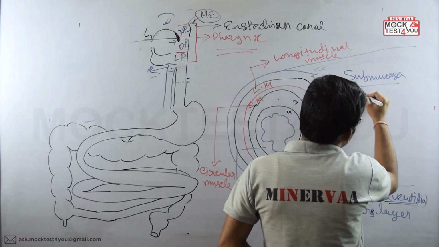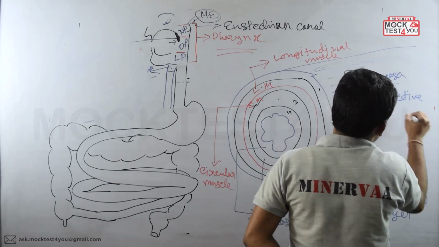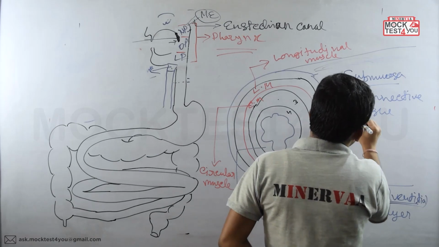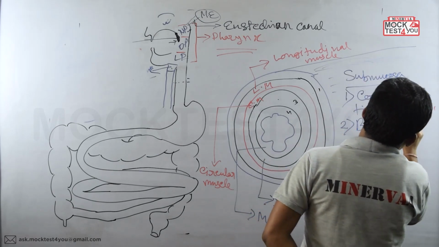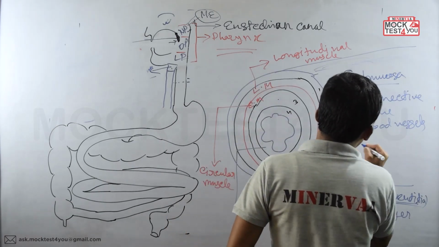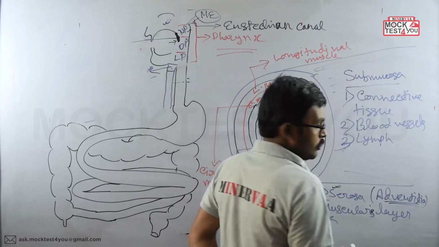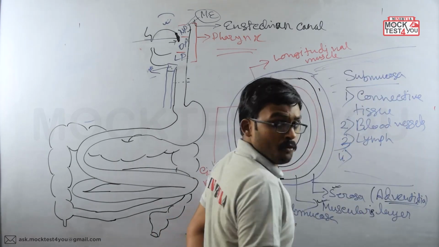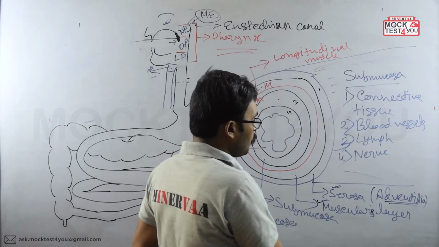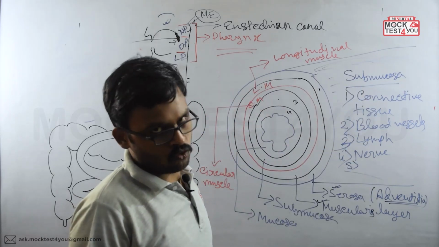In the submucosa layer we are getting, number one, the connective tissue, along with that the blood vessels, along with that the lymph, next the nerves, and along with that lymphoid tissue.